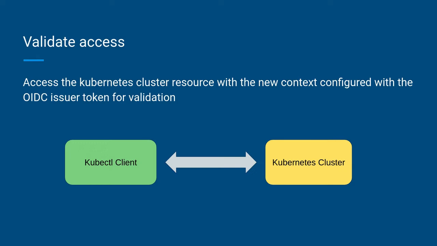Once the Kubernetes cluster API server validates our request, it provides access to that user using the JWT token, and we can get access to all the cluster resources based on the role which is applied to that particular group or user.